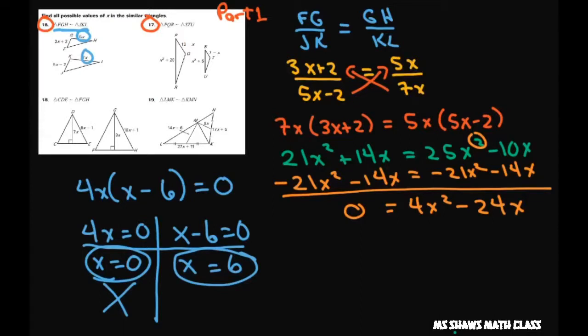So for the next one, for 17, I'm going to set PR, so I'm looking at these two, is to SU as PQ is to ST. Or you could flip it around if you wanted.